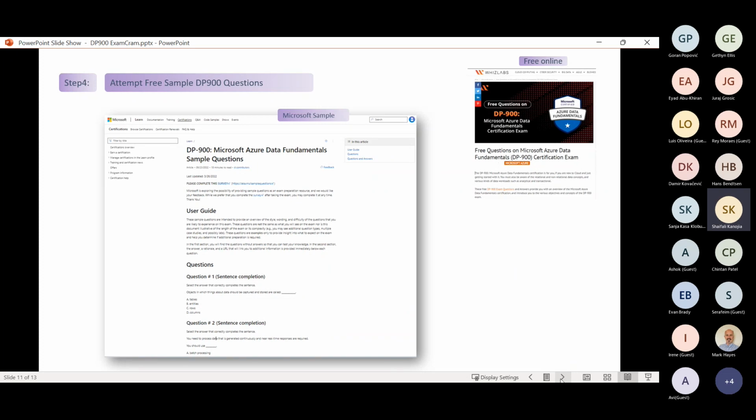I have no recommendation to spend any money on this exam, or on buying a course or sample questions, because a lot of resources are available, and even if we don't dig into Google, we can do well with what is available from Microsoft, because Microsoft resources should be your first go-to, since you are appearing for their exam.